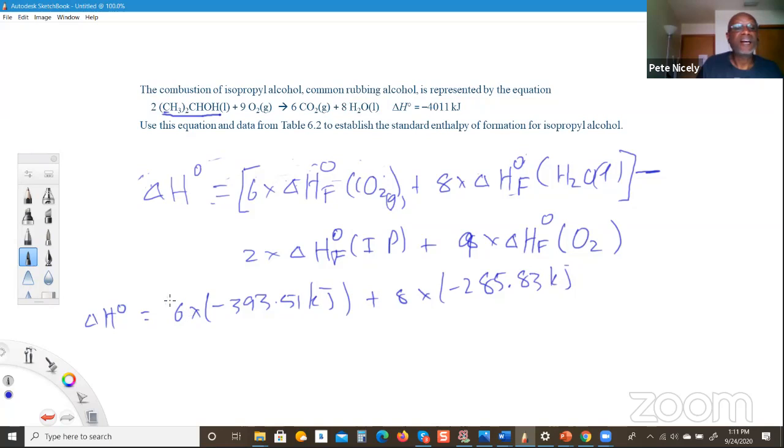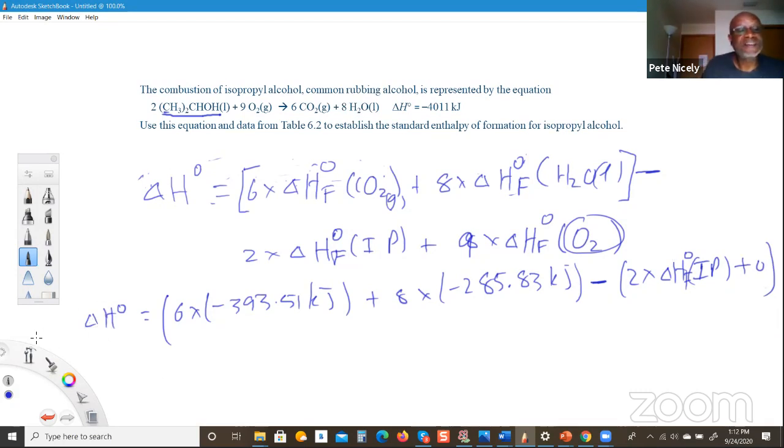All right, so these are the values for the products, and then we subtract from that 2 times the enthalpy of formation of isopropyl alcohol, because that's what we're trying to find. And of course, because oxygen exists as O2 under standard conditions, that would be 0. So this would be 0 here for the oxygen.